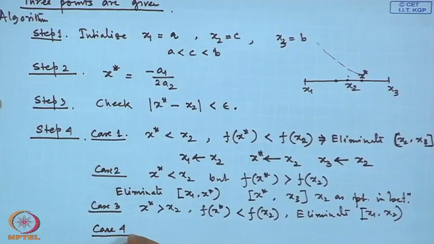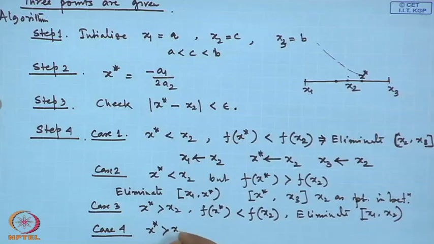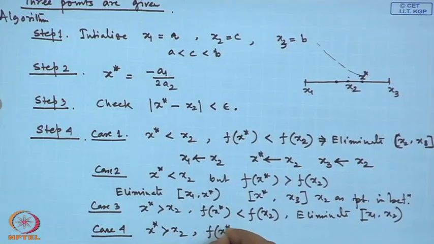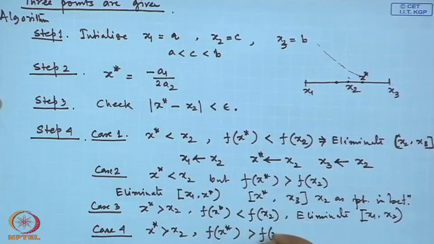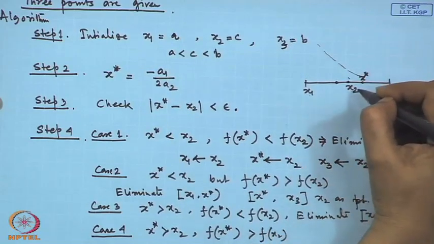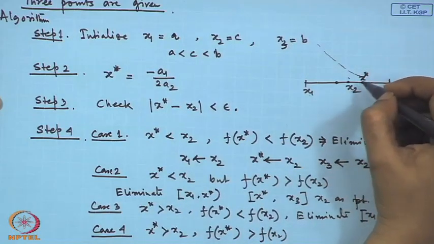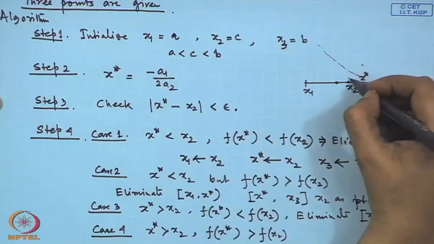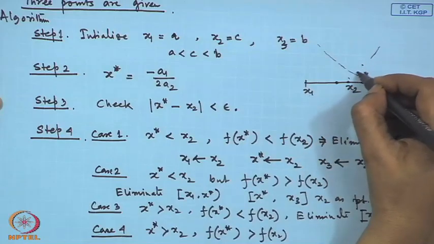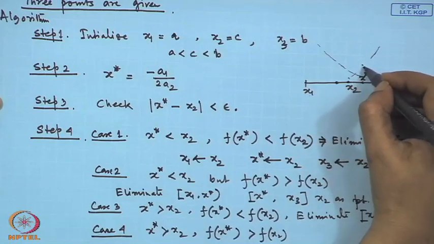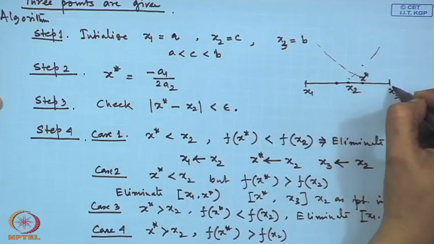Case 4, once I apply this technique to the problem, then it will be much clearer to you. Now, if x star is greater than x2, but f(x star) is greater than f(x2), it means that the f(x star) value is higher than the f(x2) value. That means the function is coming in this way in this case. Then the minimum cannot lie from x star to x3.